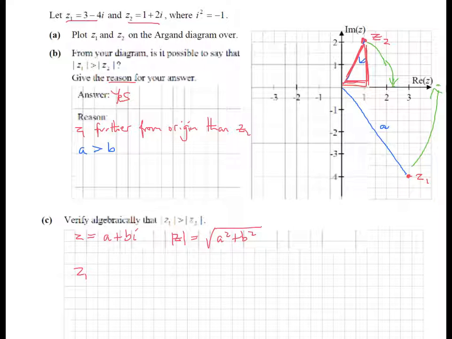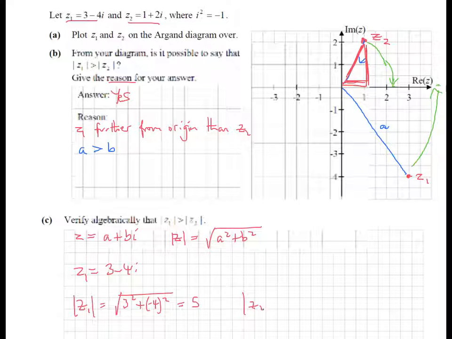So for Z1, which, let's just remind ourselves, is 3 minus 4i, the modulus of Z1 is going to be the square root of 3 squared plus minus 4 all squared. Make sure you deal with that minus 4 all squared properly. When you work it through, you get the answer 5.